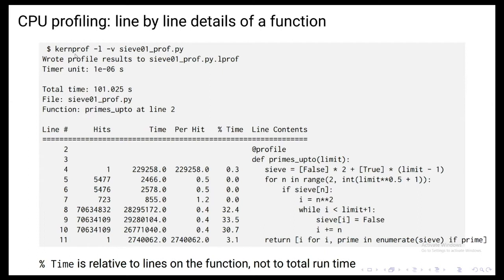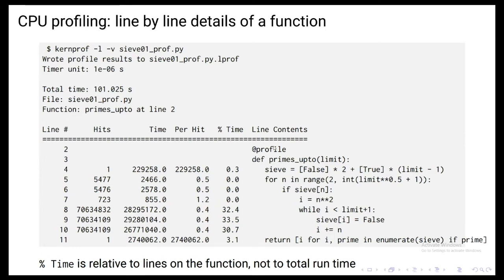You run the code with the decorator with the kernprof tool, which is a script provided with the line profiler Python extension, and then it will output information on the screen like this.